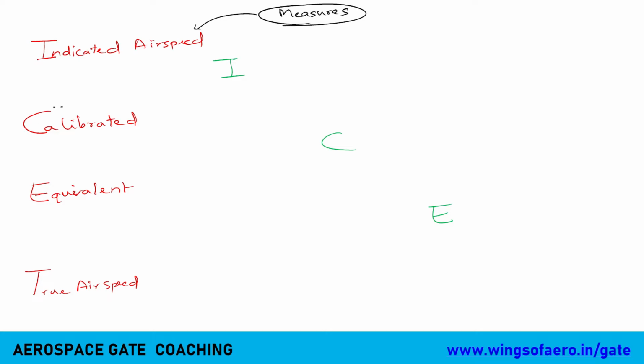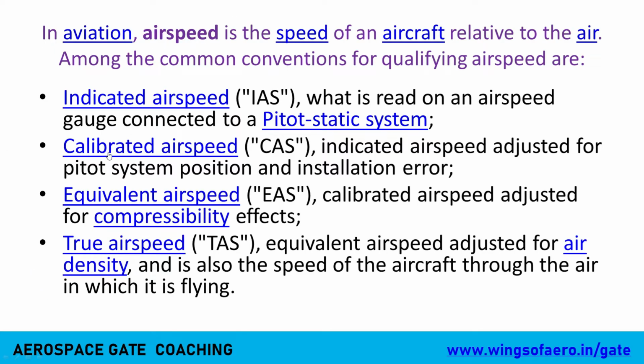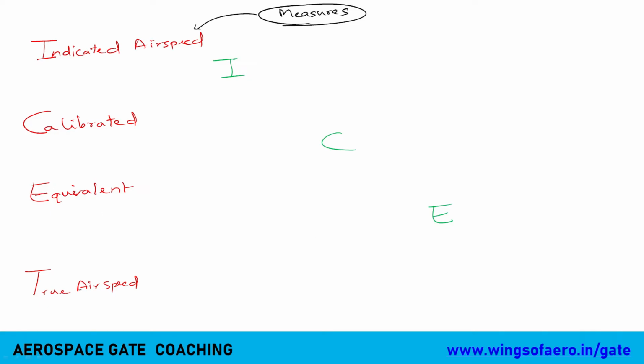Now what does calibrated airspeed do? Indicated airspeed adjusts for the pitot-static position and installation error. That means it is to clarify some error. So what is the error? It is the installation error.